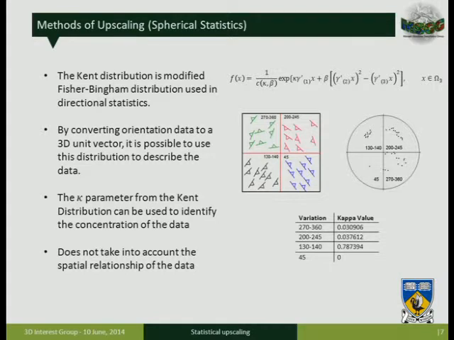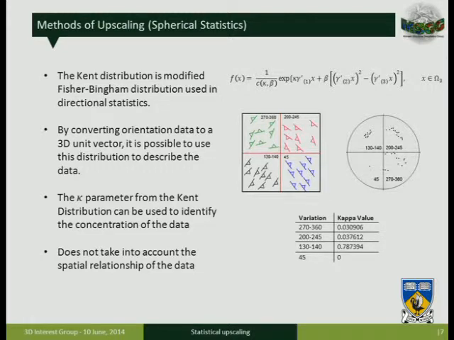Then we can start doing some really statistically rigorous analyses, which are a little bit boring, but actually give us a really good insight into our data points. So the thing we do is the Kent distribution, which is basically a Fisher-Bingham distribution for those of you who like your spherical statistics. And basically the most important thing that we can get out of this is what's called the kappa parameter.